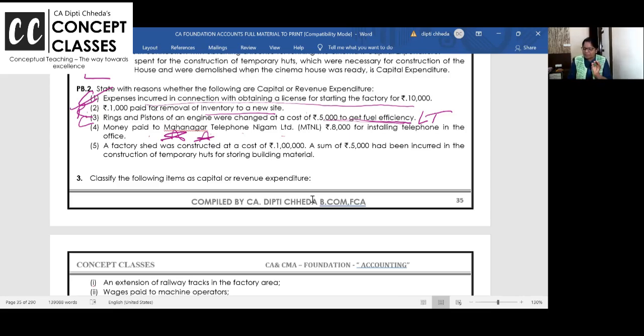You have paid some deposit to MTNL, Mahanagar Telephone. You know, BSNL, MTNL. We have paid some deposit for installing. You know, they come with their walkie-talkie and they install at your office and all. So you have paid them some money. Is it a capital expenditure or is it a revenue expenditure? Tell me.